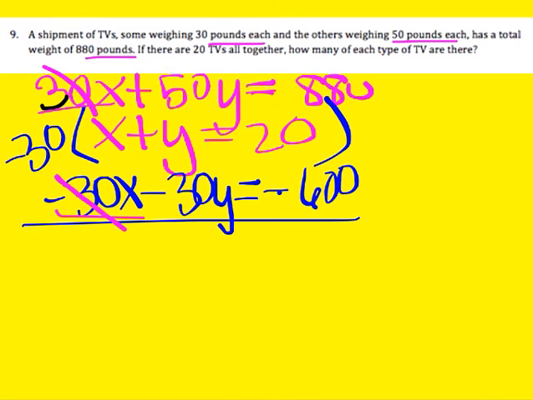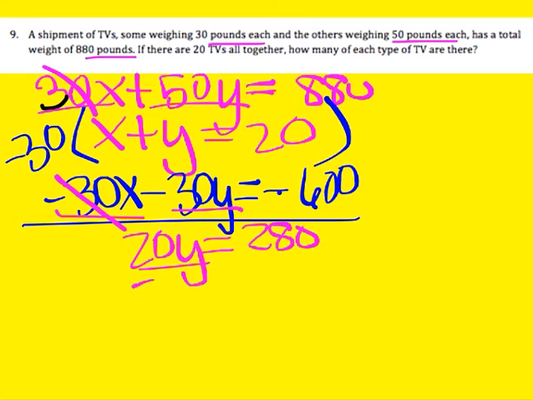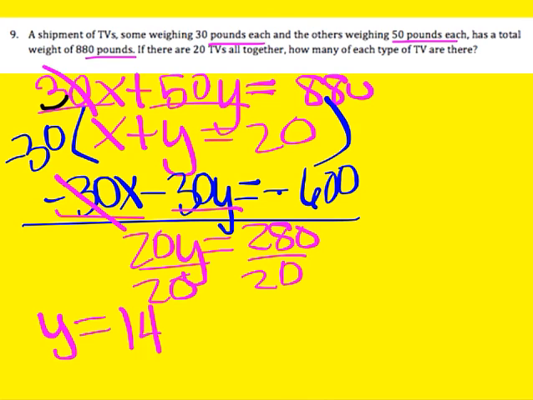That's going to cancel. 50y minus 30y is 20y. And then 880 minus 600 is going to give me 280. So then I'm going to divide both sides by 20, and I end up getting that y is equal to 14, and that's going to be the 50-pound TVs.